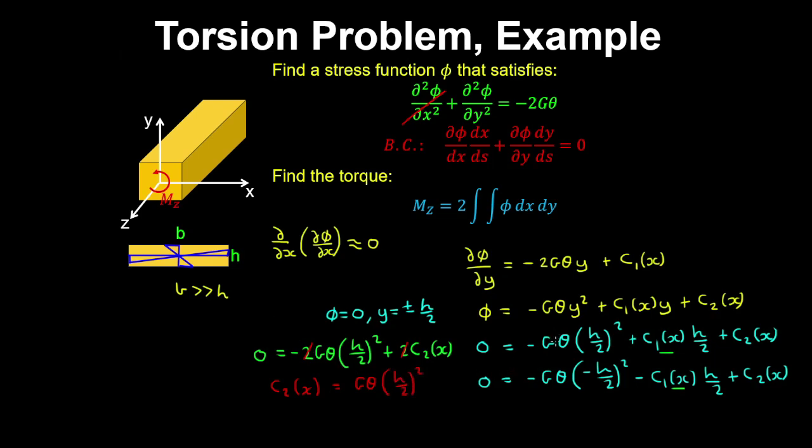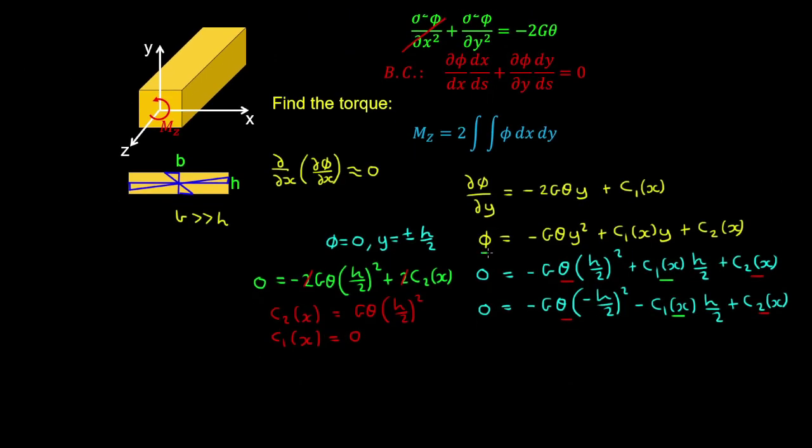And similarly, if you subtract these equations, these terms will cancel, and the constants will cancel, and you'll end up with C1 is equal to 0. So therefore, our stress function is minus Gθ y squared, and then plus C2, so that'll be minus minus is a plus, and we get (h/2) squared.